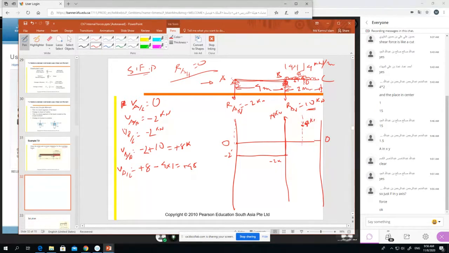See that from here to here the force is gradually working down, right? Here there was no force, so that's why we walk horizontally straight. Here we have the sum. If there is a vertical distributed force, we go inclined, right? Inclined line. We draw an inclined line.